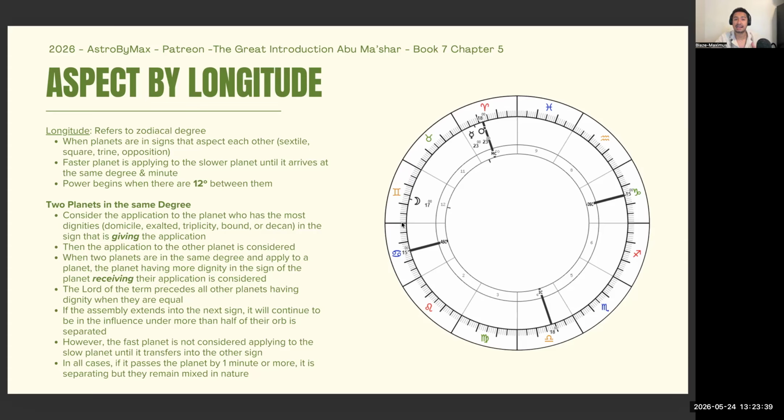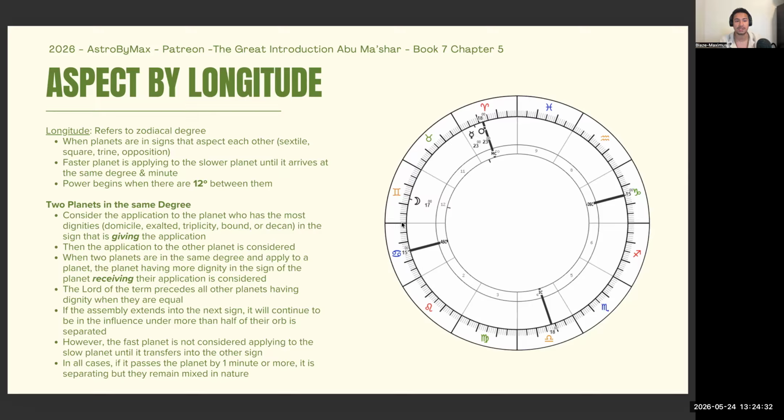And if two planets are in the same degree, we're told a specific consideration here. We're told to consider the application to the planet that has the most dignities in the sign that is giving the application. So in this instance, we would want to see the Moon here, because the Moon is giving the application over to Mercury and over to Mars, who are in the same degree in the sign of Aries.